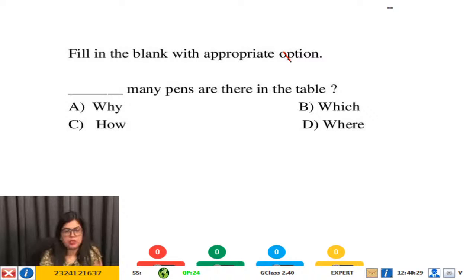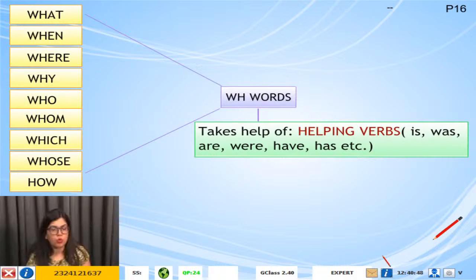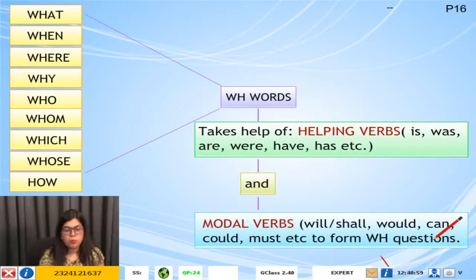Now let's look at the summary of today's class. So what did we learn today? What, when, where, why, who, whom, which, whose, how. So these are all WH words, question words, isn't it? It takes help of helping verbs: is, was, are, were, have, has, etc. A question word takes the help of helping verbs and modal verbs.